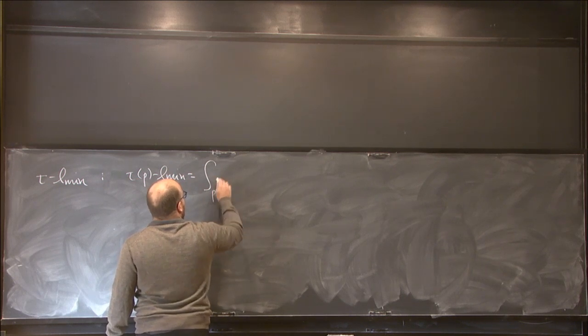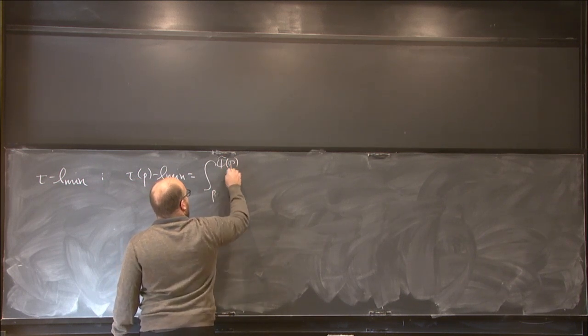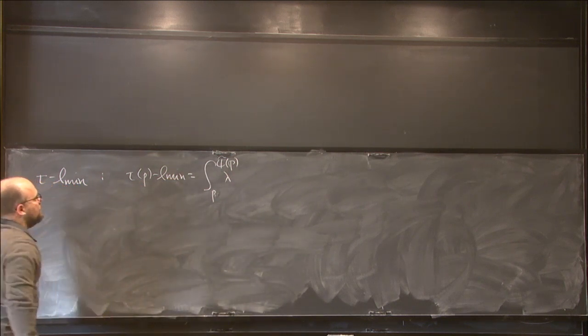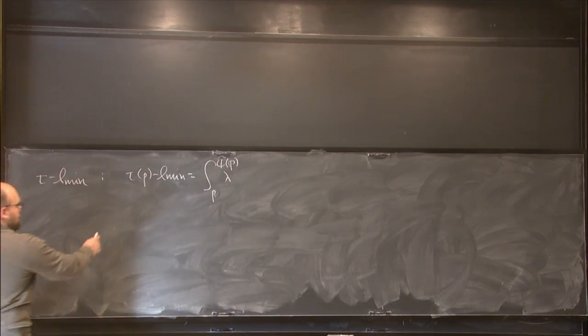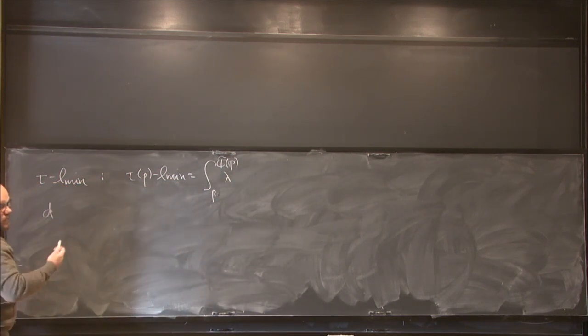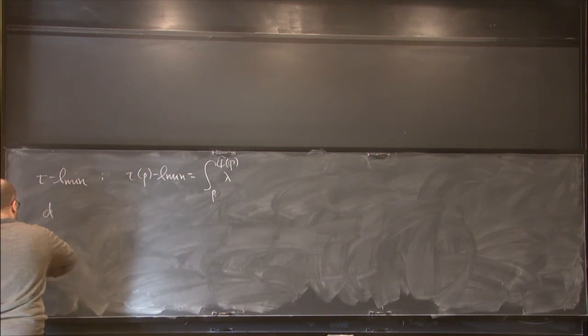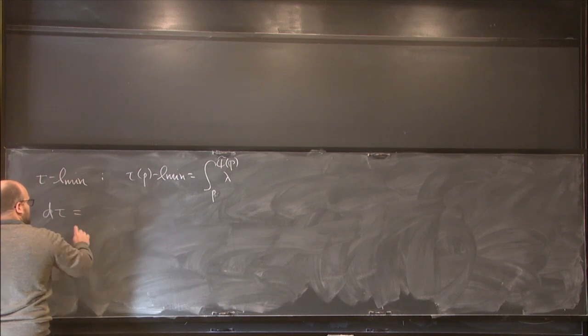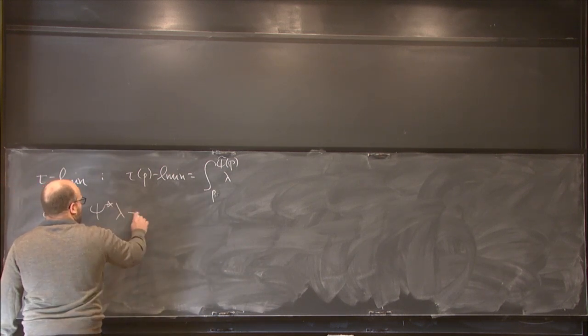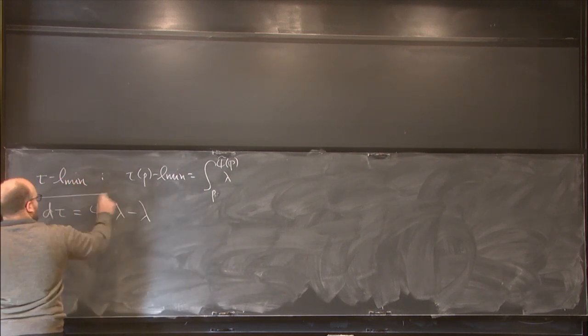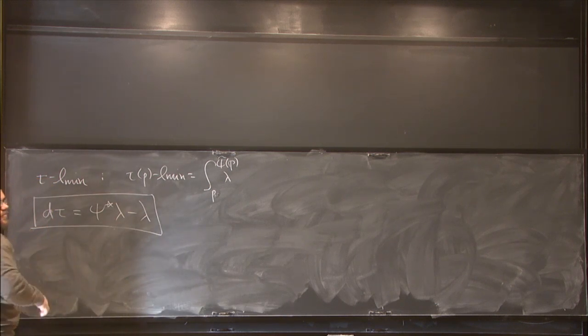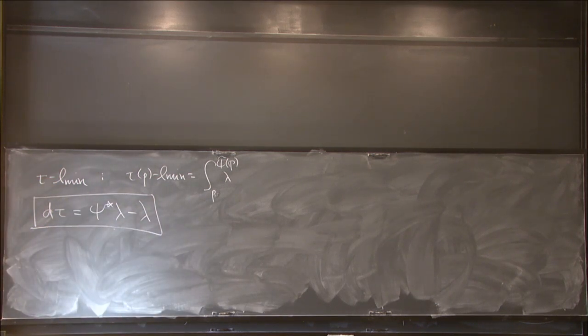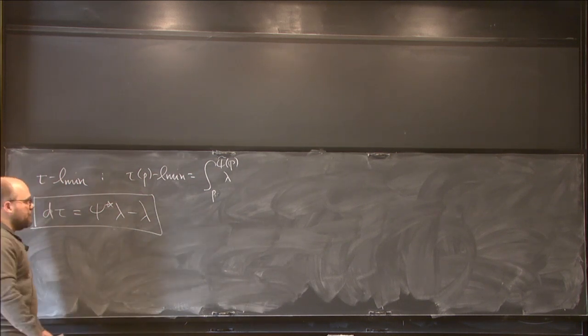Let's say P to psi tilde of P lambda. But then you have to recall a certain fact, which is that the return time also satisfies the differential equation we're supposed to solve. That's a fact about Reeb flows. If you have a Reeb flow and a global surface of section, the return time satisfies this differential equation.